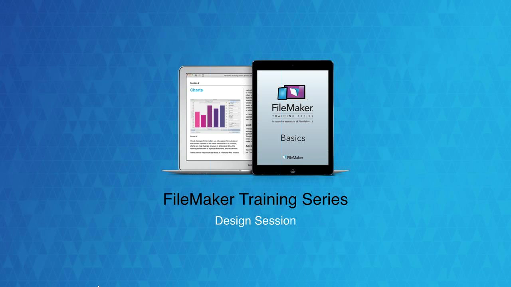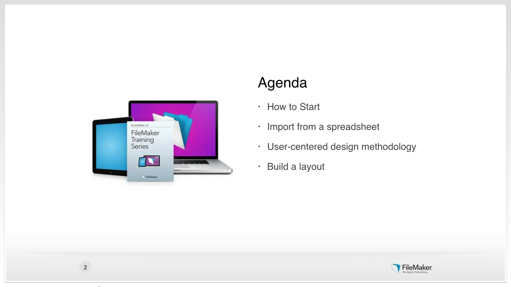Thanks, Mike. So let's have a look at the agenda, what we're doing today. We're going to look at how you start off a FileMaker solution, how you start off your system. We're going to be zooming in on importing some data from an existing spreadsheet that you may have. And then we're going to zoom out again and look at a bit more about the design of a solution and look at user-centered design methodology.